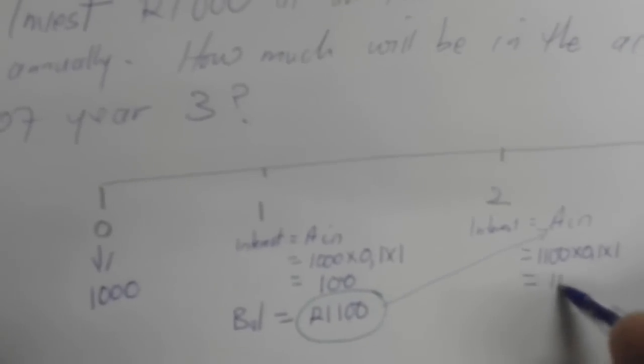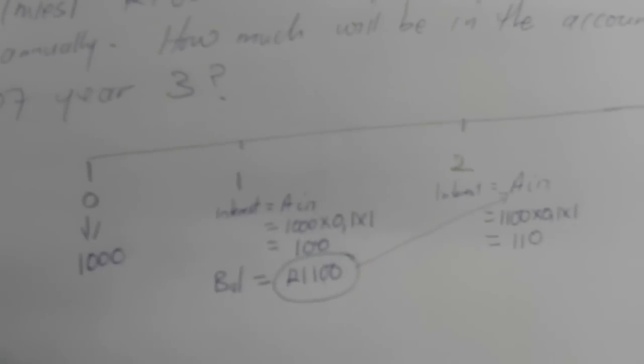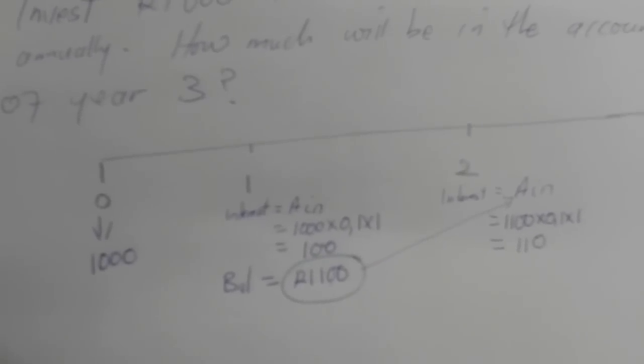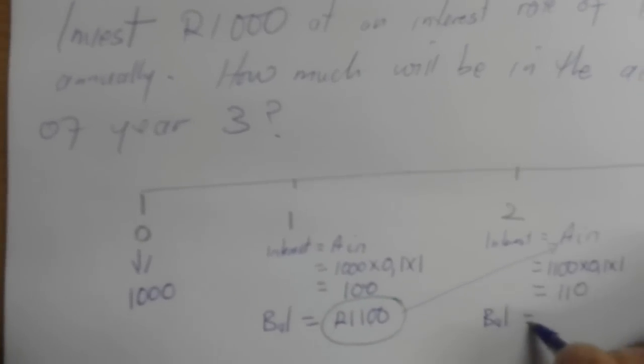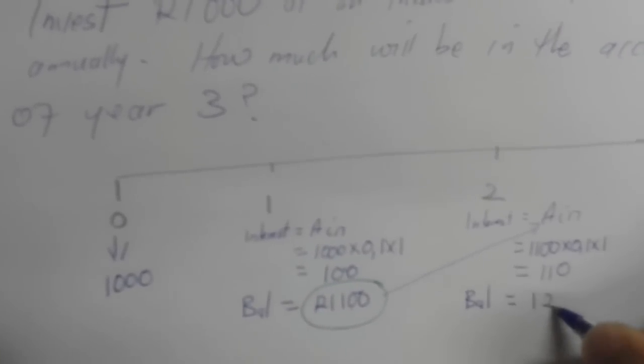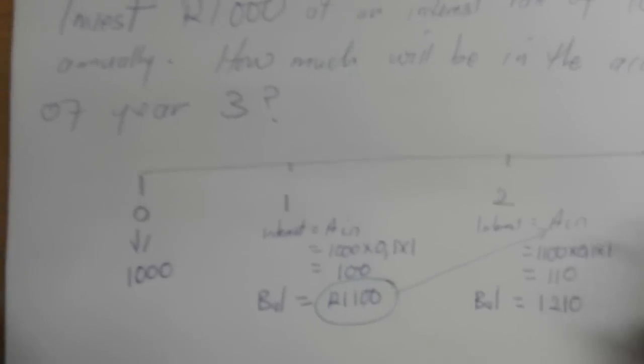That's correct, 110. And again 110 plus 1,100, that gives you 1,210. So your balance at the end of year 2 is equal to 1,210, which is the closing balance.